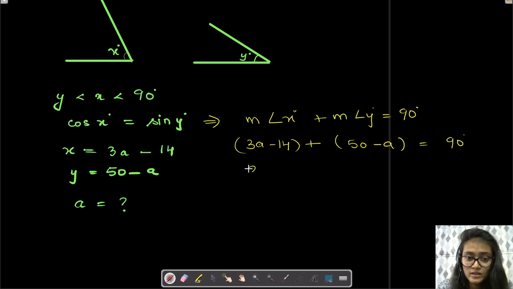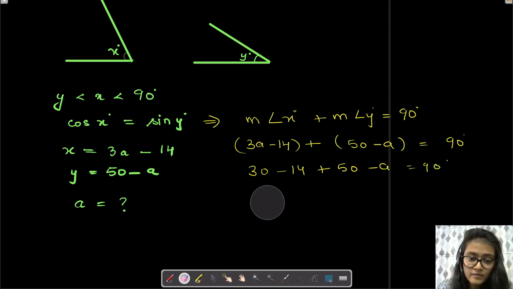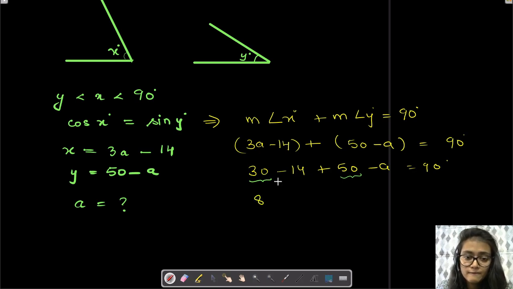And now this is a linear equation that we can solve. First I'm going to open the parentheses. Oh, I'm so sorry, this is not 30, this is actually 3a.